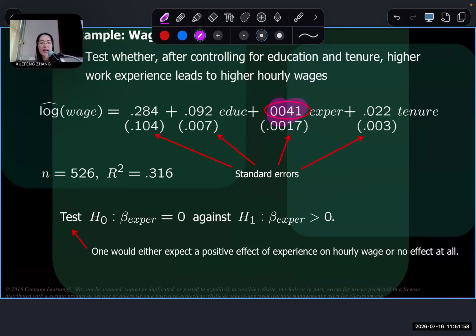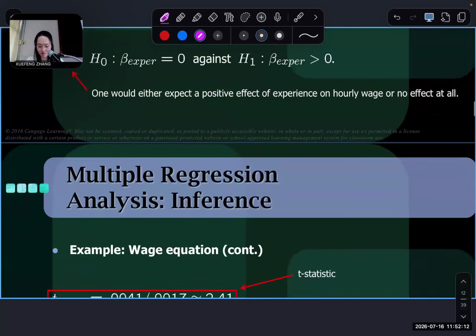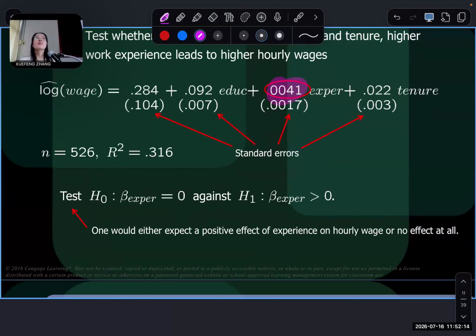Can you calculate the t-statistic of experience, please? How do we calculate the t-statistic?